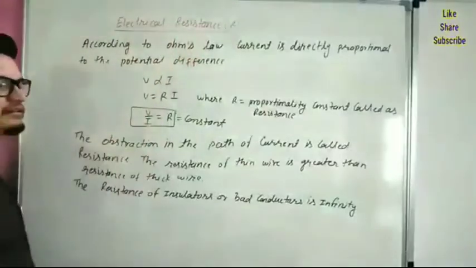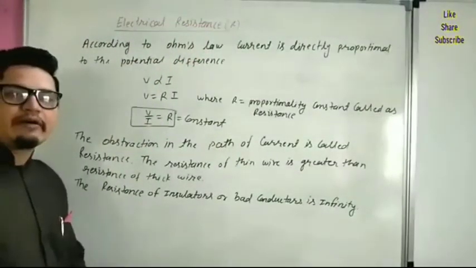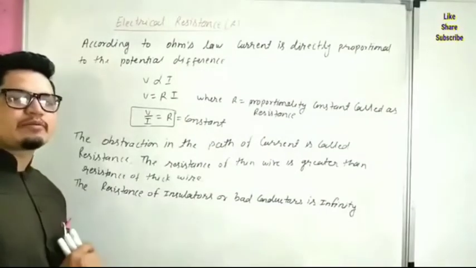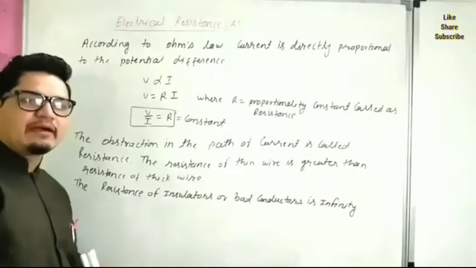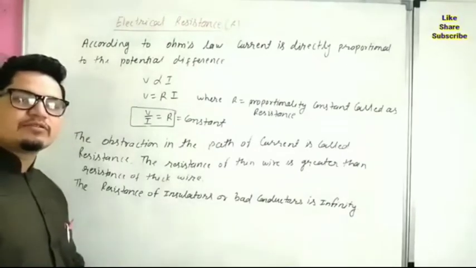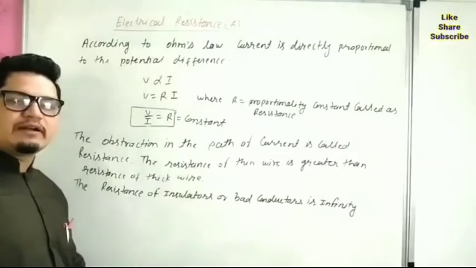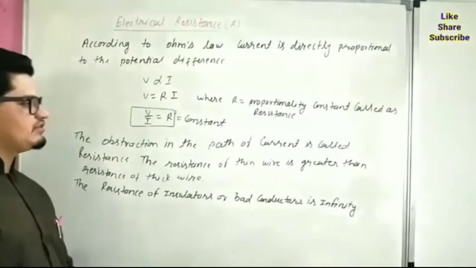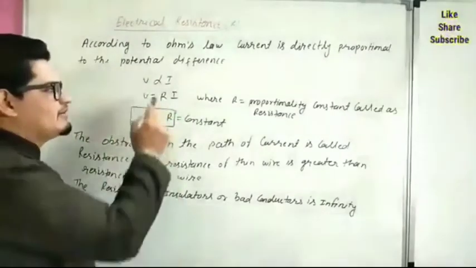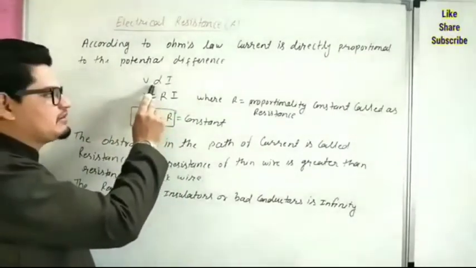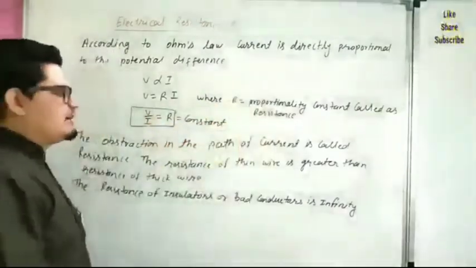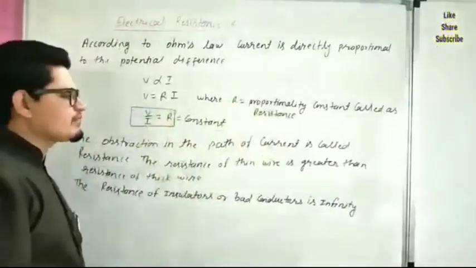We know that according to Ohm's law, which we studied in the previous video, current is directly proportional to potential. When we remove the proportionality sign, a constant comes in, where R is the proportionality constant, and this constant is called resistance.